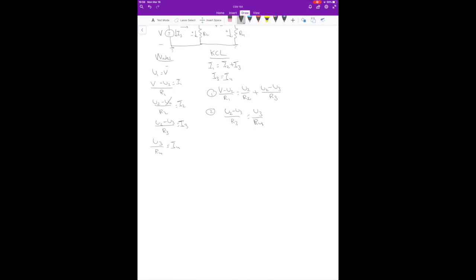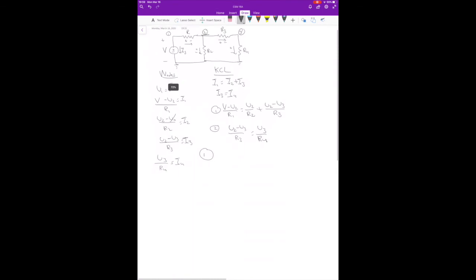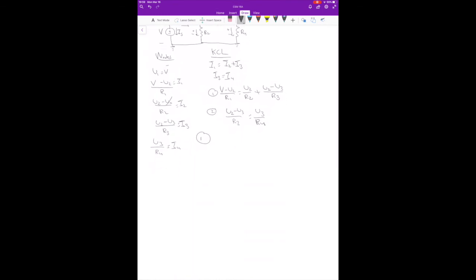Okay, so let me start by simplifying the first one. I'm going to start by moving the U2 to the other side, and actually, let's try to move all of the U2s to one side, and then maybe factor it out.